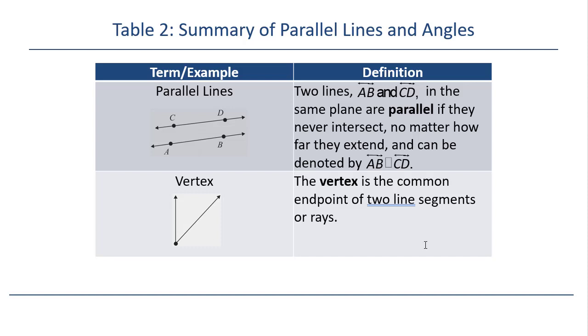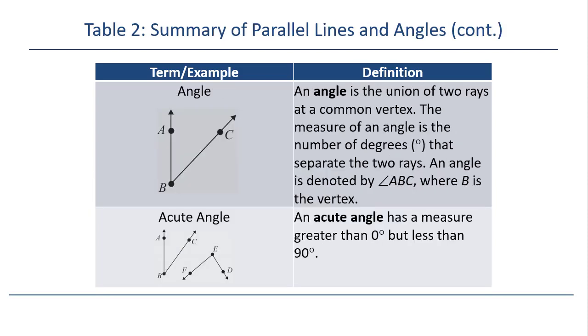The vertex is the endpoint of 2 line segments. So when we talk about a vertex, we're talking about where we have 2 rays coming off of the same point. And that point is the vertex of those rays. Then we can measure the angle that that vertex creates, right? And we normally label the angle by 3 points.